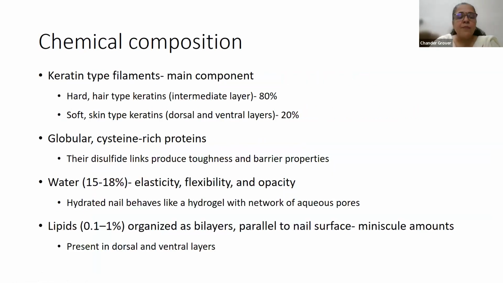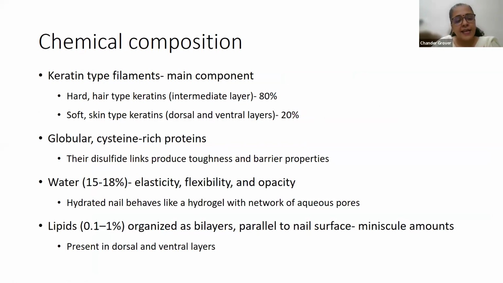Chemically, the plate is composed of keratin. Now, this keratin is slightly different from the keratin found in other parts of the body, including hair as well as skin. The basic difference is the rich content of disulfide bonds, which are responsible for the toughness and the barrier properties. Water content is between 15 to 18%, and this is a very narrow range, because less than 15 and more than 18 produces easy breakage of the nail plate.